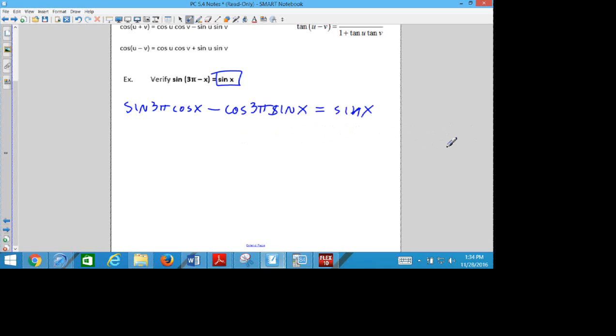And then we need to know what the sine of 3 pi is. So I'm going to draw a picture, and I'm going to go around 2 pi, and then another pi, so I'm sitting at 3 pi, which is the ordered pair negative 1, 0. So what is the sine of 3 pi?